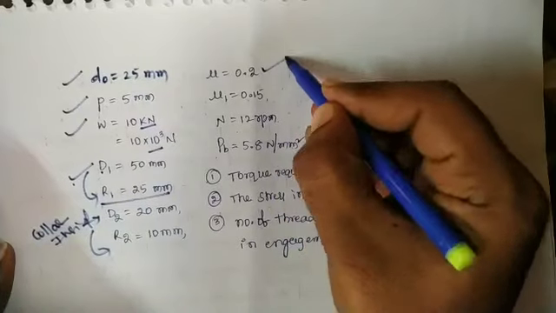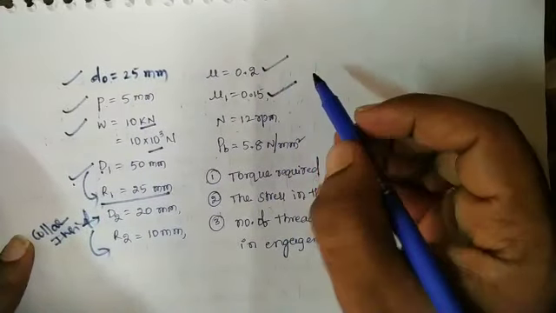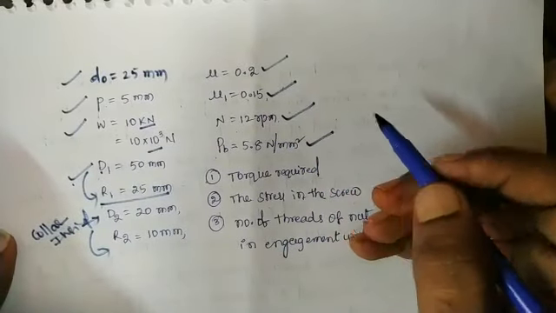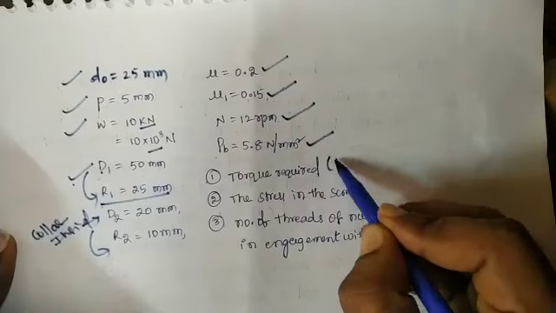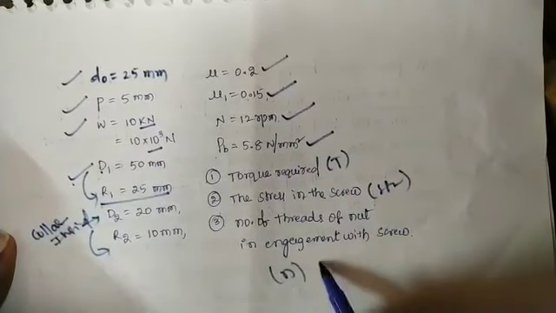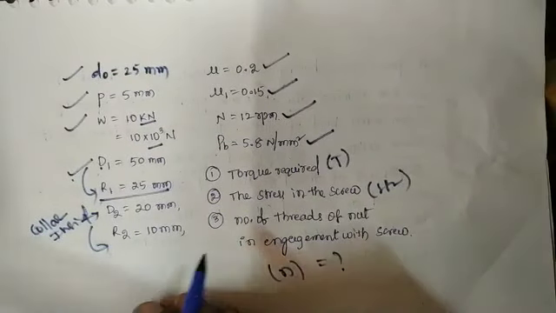Mu is the coefficient of friction of screw, then mu1 is collar friction, then N speed, then PB bearing pressure, then torque required, stresses, then N equal to question mark. So this is the complete given data.